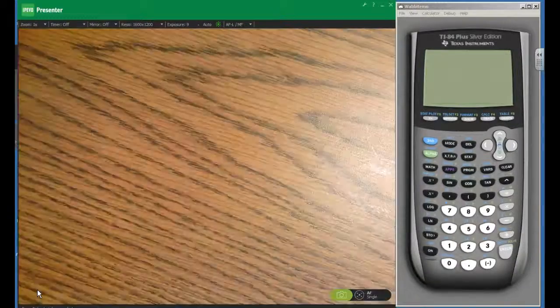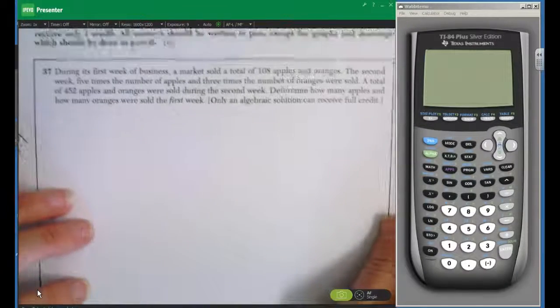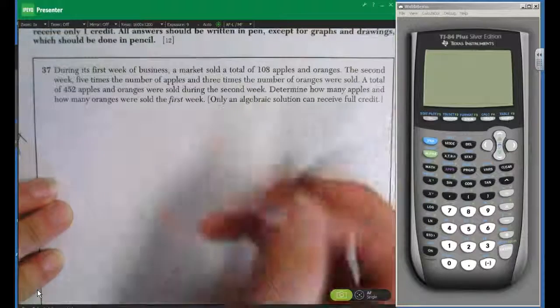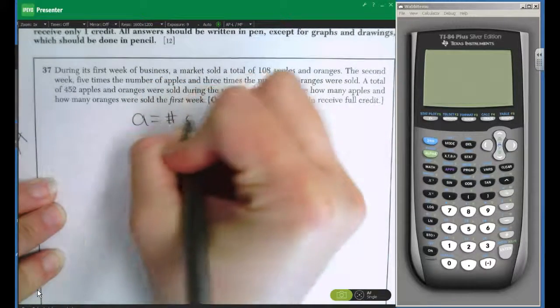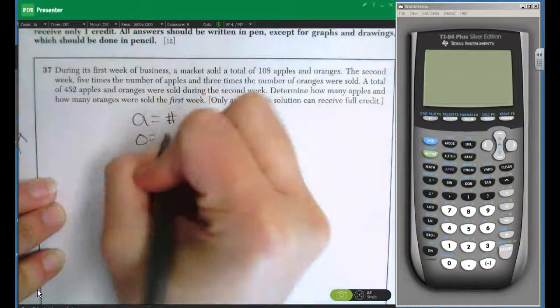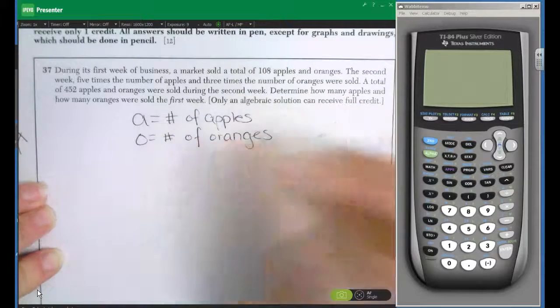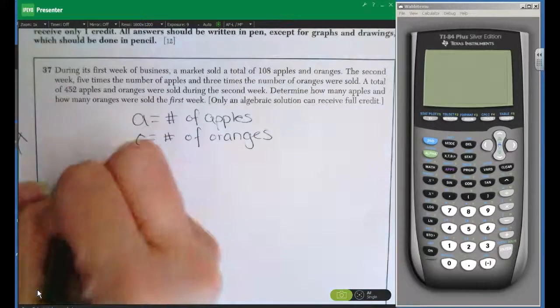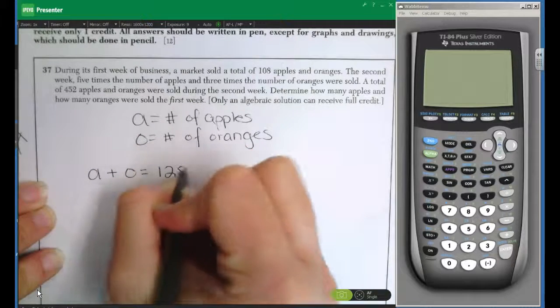Here's a 4-pointer. During the first week of business, a market sold a total of 108 apples and oranges. A equals the number of apples, and O is going to equal the number of oranges. So during the first week, they sold a total of 108, so we know A plus O equals 108.